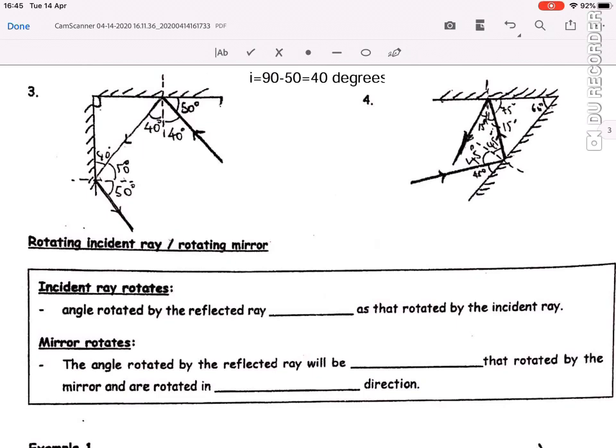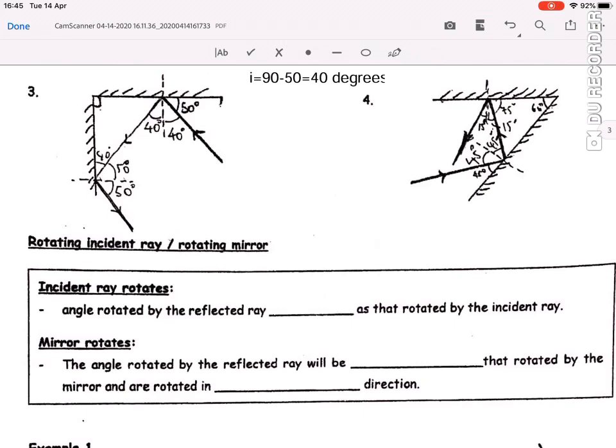After the 50, please draw in the normal line, the dotted line, and then you can write down that 40 degrees as the incident angle, I. From the law of reflection, we know that R would be equal to I, which is 40 degrees again.